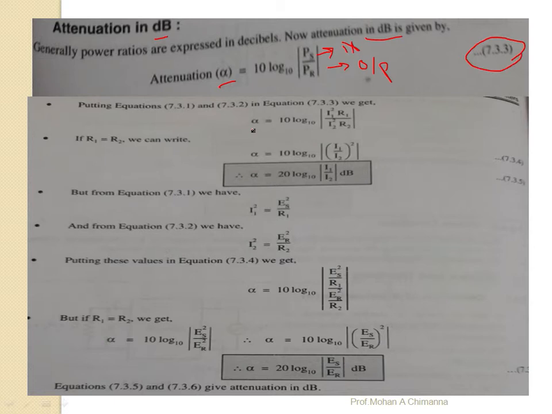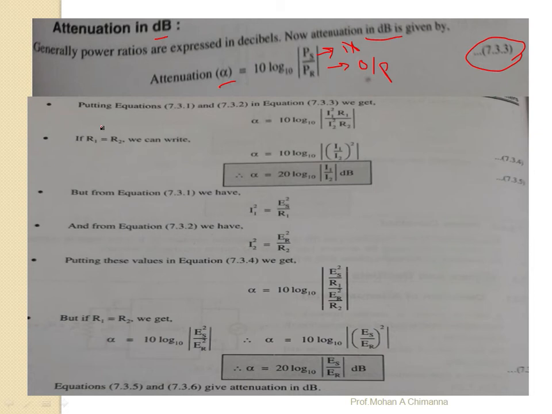Then, whatever the input power and output power equations are, they are substituted in equation number 3, which is generally represented by the attenuation alpha. So 10 log to the base 10 of PS, which is equal to I1 square R1 upon I2 square R2.